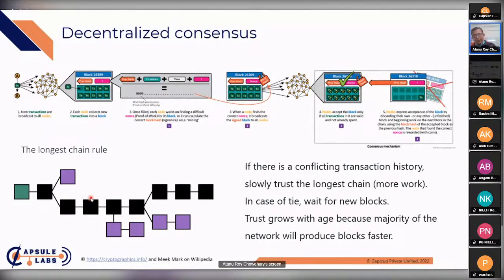A corollary of that is, if the adversary is controlling more than 50% of the network, yes, there is a probability that the adversary will be able to generate blocks faster. But then what the adversary believes is the majority opinion and therefore the truth. So that's a very interesting corollary that comes out of this longest chain rule.